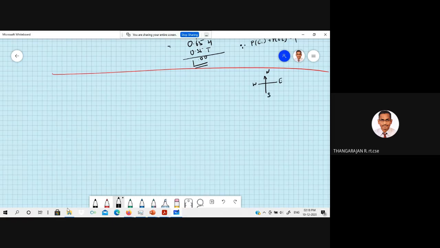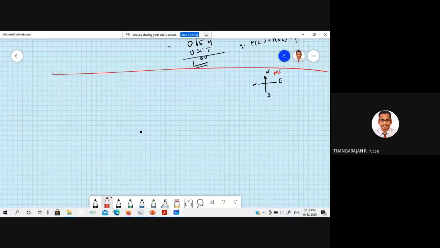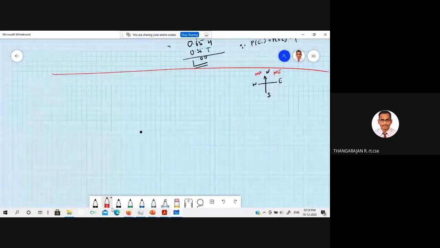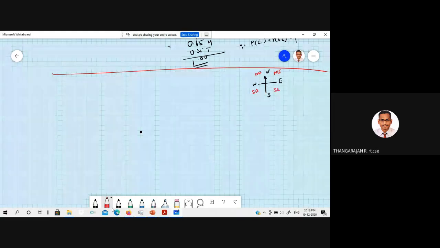Suppose an ant is here. This is an ant, and this ant is trying to move. Actually, I will add some more directions also. There are 8 directions. This is northeast, this is northwest, and this is southwest and southeast.